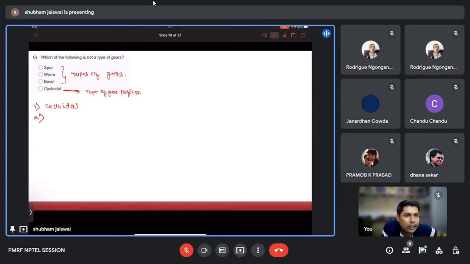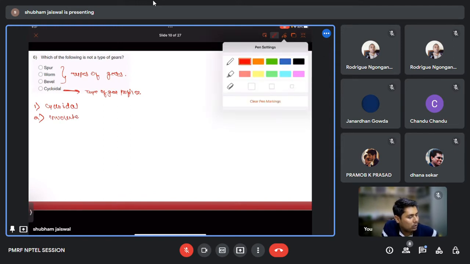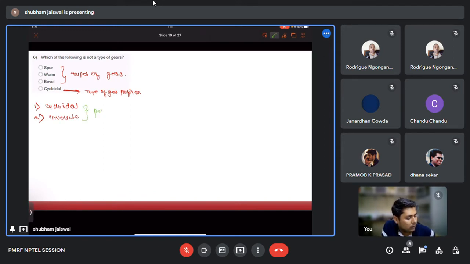Mr. Roderick, can anyone? Sir, involute. Yeah, involute. Yeah, you are right. So these are the profiles of gears. Okay. So this question was very simple. If you know the types of gear and what are the profiles, you can easily answer. Okay. So moving to our next question.